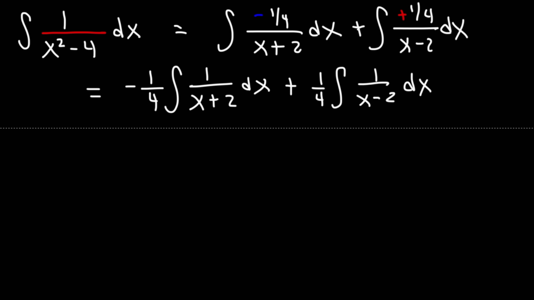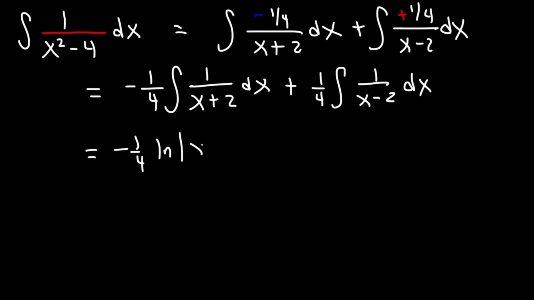So I just wanted to give you some ideas on how to integrate rational functions into natural logarithmic functions. The antiderivative of 1 over x plus 2 is simply going to be ln |x plus 2|. And the antiderivative of 1 over x minus 2 is ln |x minus 2|.